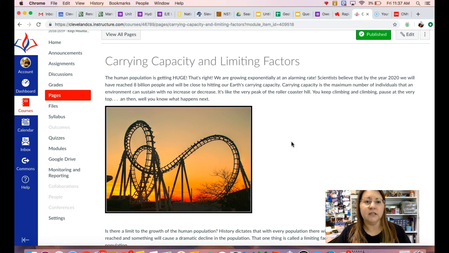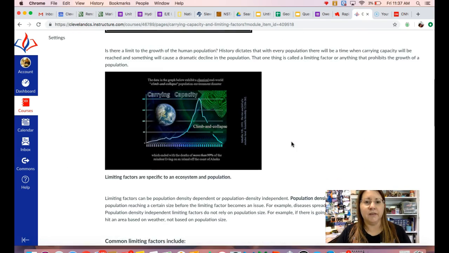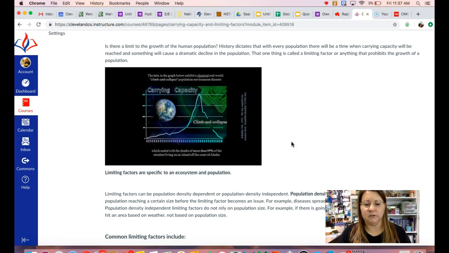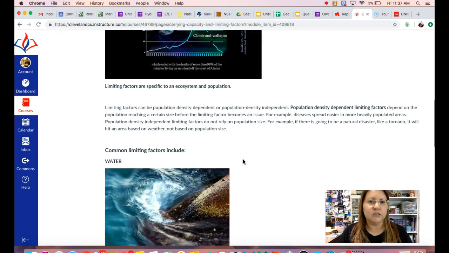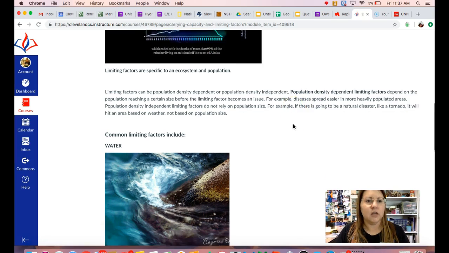Carrying capacity. We looked at the graph earlier of carrying capacity. Carrying capacity is basically the amount of a particular population that the environment can support based on the natural resources that are available. Basically, how that particular environment can sustain that population indefinitely based on what is provided naturally. We've looked in class at population density dependent and independent limiting factors.